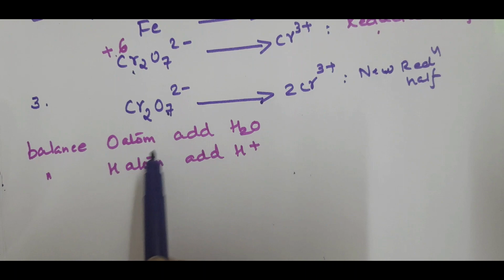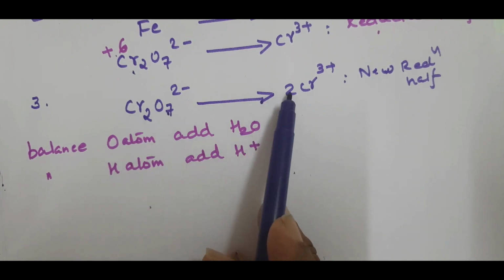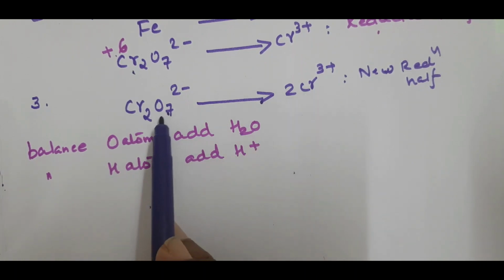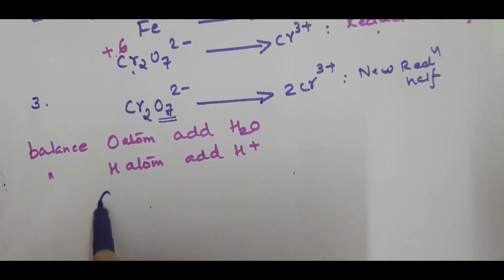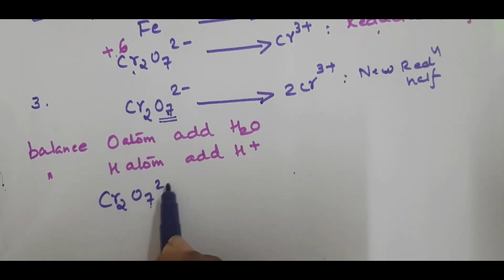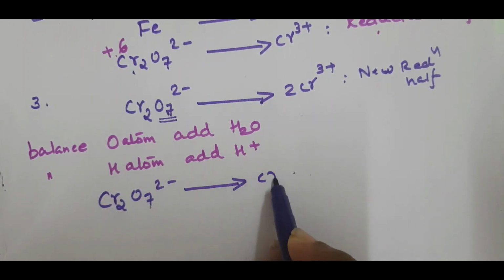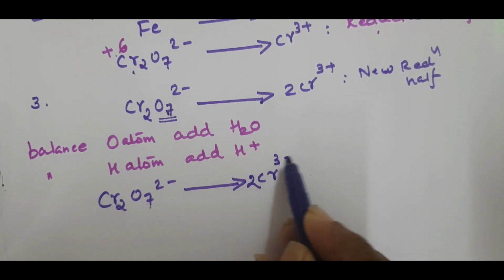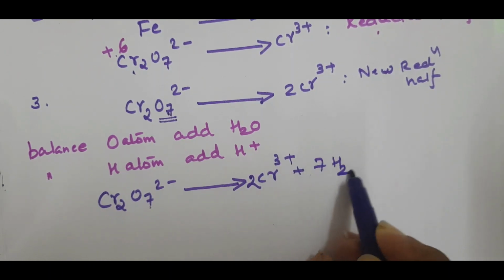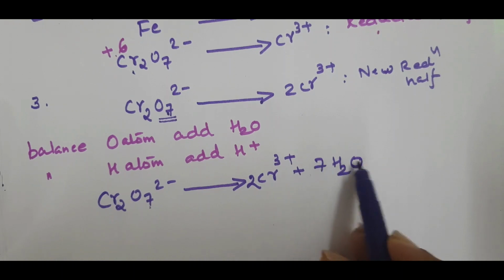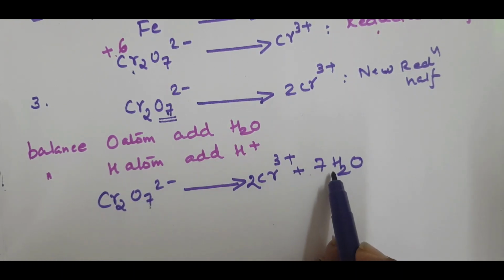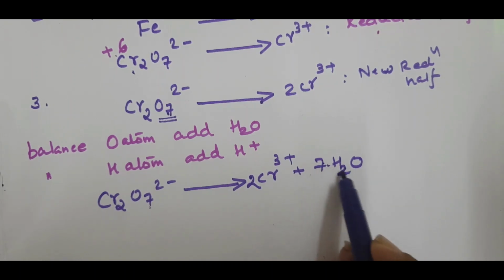The worrying thing is Cr2O7. We have balanced the Cr, but 7 O. So Cr2O7 2- will give you 2 Cr3+ plus 7 H2O. See, 7 oxygen, correct? Now the oxygen is balanced. Now what about the hydrogen? There are 14 hydrogen here, correct?